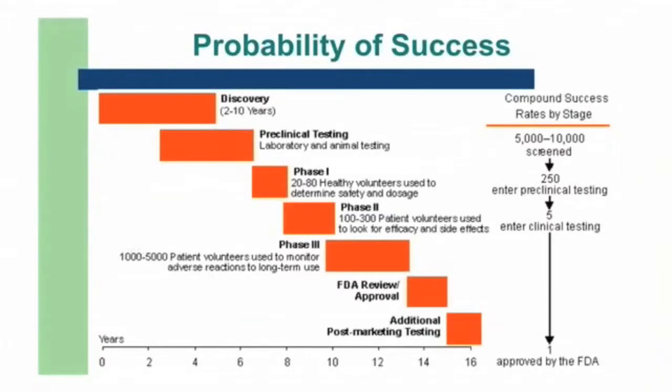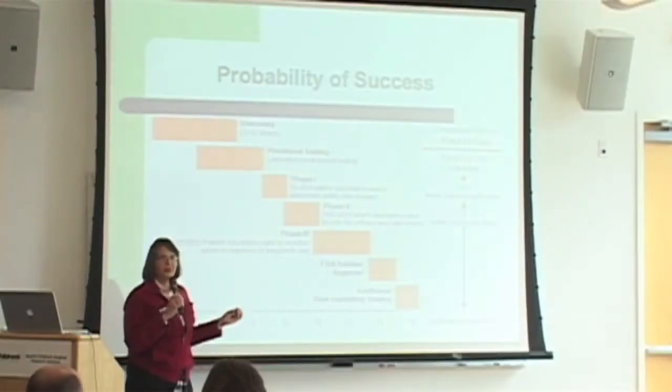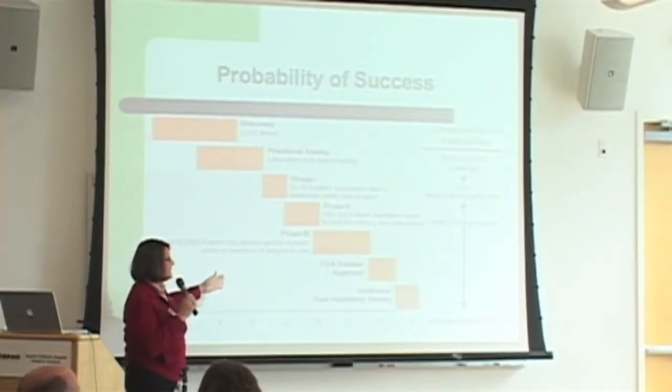I think the other thing, which is a hard message to deliver, but there's a low probability of success with biomedical research. And it's great to get people enthused and excited about your research and to feel that things are moving along, but you also have to balance that with a dose of reality.